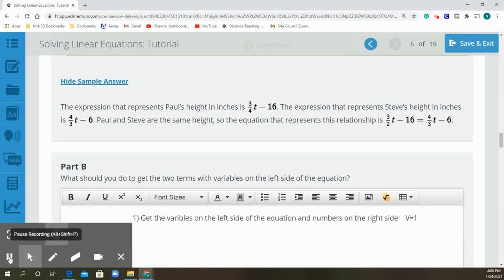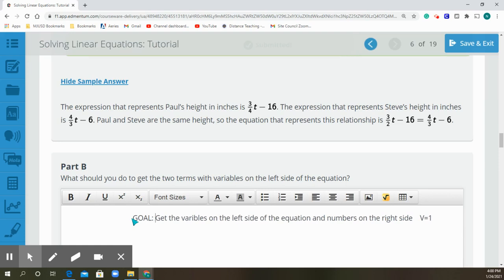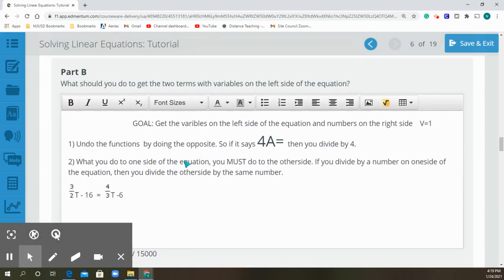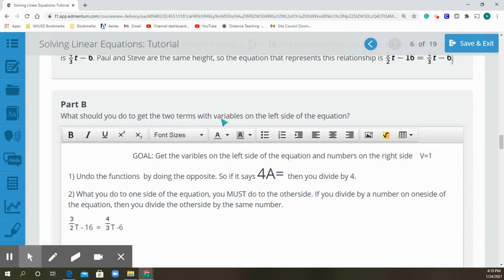So the first rule of getting the variable on the left side of the equation and numbers on the right, that's the goal. So what should you do to get two terms with variables on the left side of the equation? The goal is to get the variables on the left side of the equation and the numbers on the right. So v for variable on the left and whatever numbers on the right.